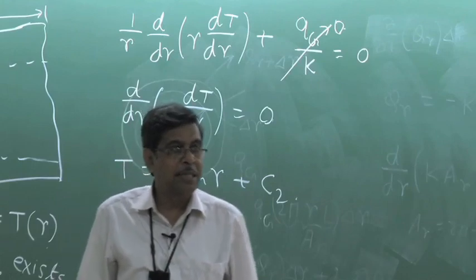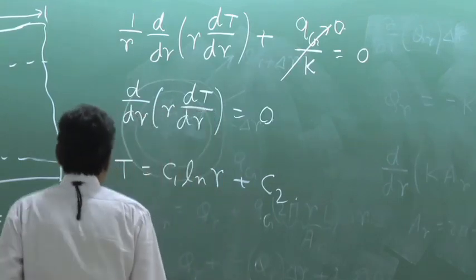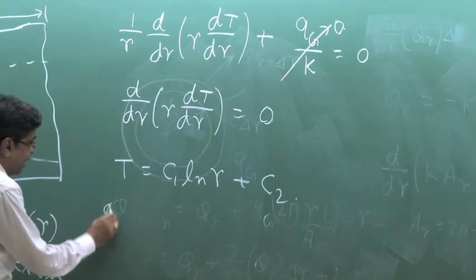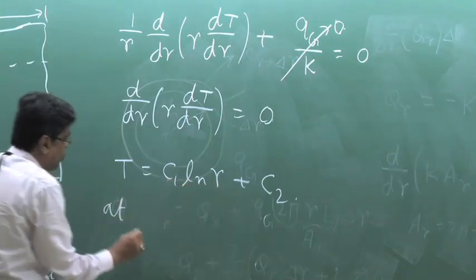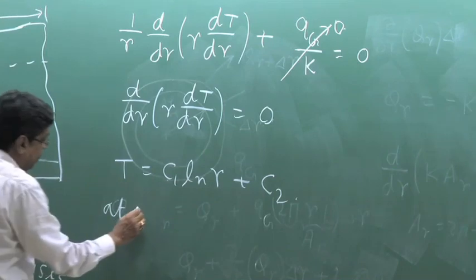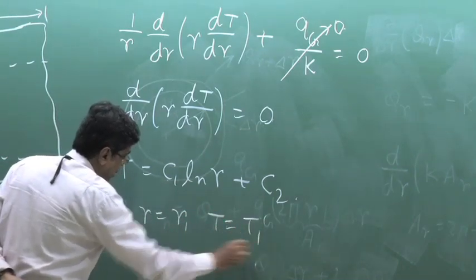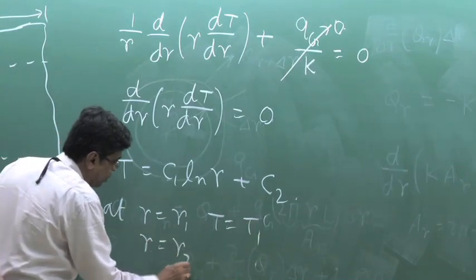What are the boundary conditions? There are two constants, so two boundary conditions are also given in the problem. At r equal to r1, T is equal to T1. At r equal to r2, T is equal to T2.